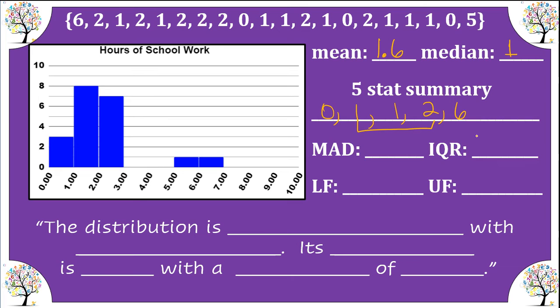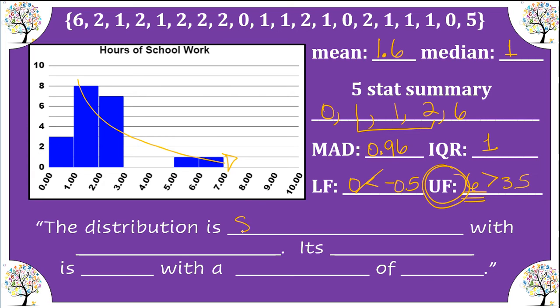Our IQR is 2 minus 1. Our MAD is 0.96. When I did the lower fence, I have 0 is less than negative 0.5. That is false. My upper fence statement is 6 is greater than 3.5. That is true. So we have an outlier of 6. This time, most of the data lies on the left and the tail is going to the right.